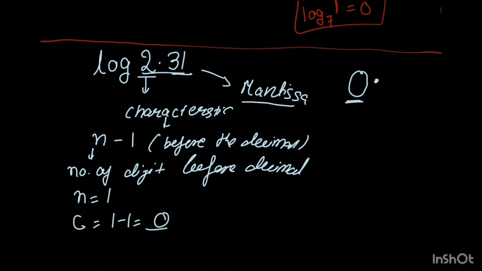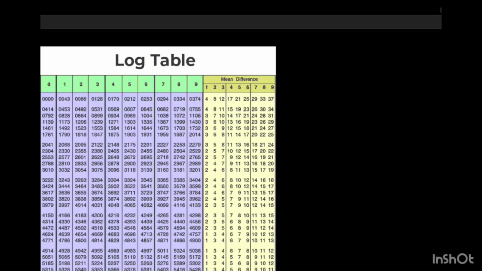Now how to see the mantissa? The mantissa is 231, and we are going to look up this 231 in the log table. In the log table, we have to check 23, at column 1.